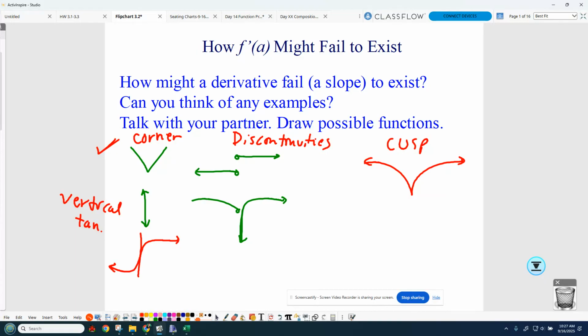They didn't draw removable, but that's also not allowed. And then they didn't take a picture of a tan dude standing. They took a picture of a tan person laying down on the beach, and then they turned him upside down. So vertical tan gentleman. You cannot have this. You can't do derivative at a vertical tangent.